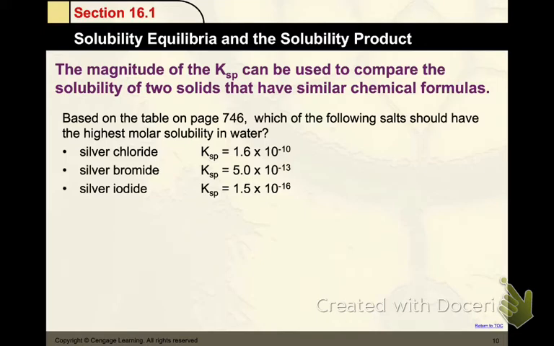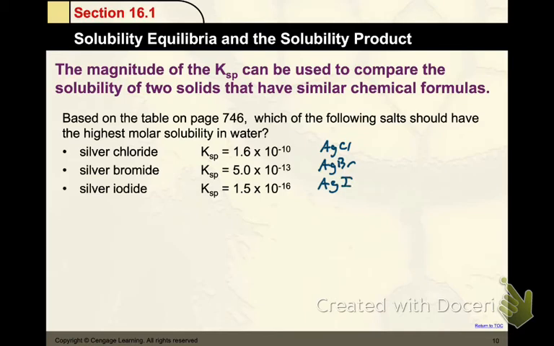Well, they all have very similar formulas. You've got AgCl, you've got AgBr, and you've got AgI.